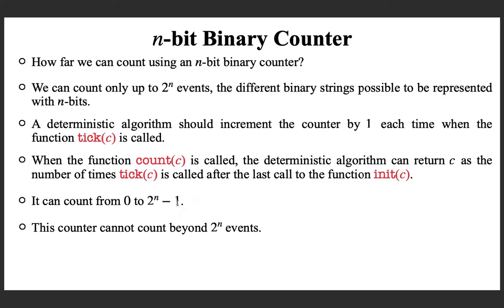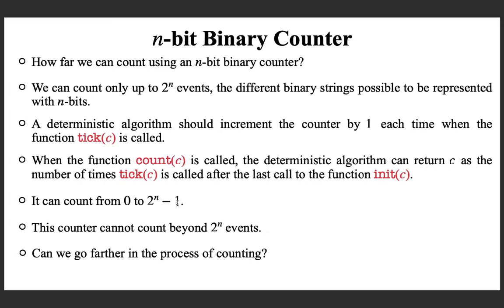So it's very clear that this counter cannot count beyond 2 to the power n objects or events. The maximum is 2 to the power n events. The question is, can we go farther? Can we count more events using n bits? What do you think?